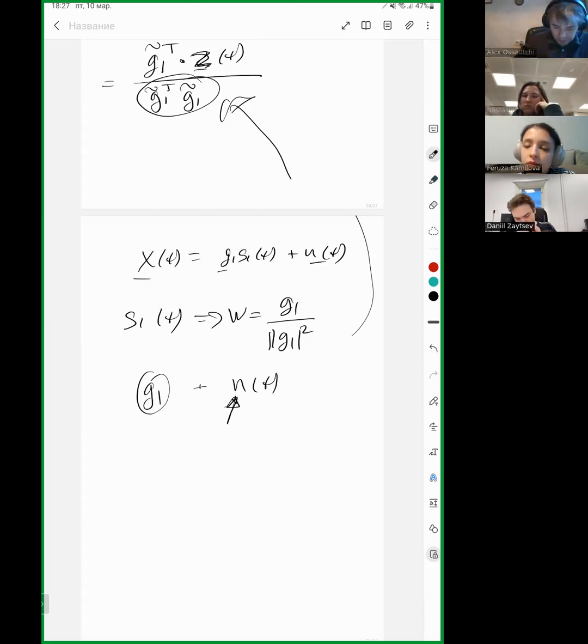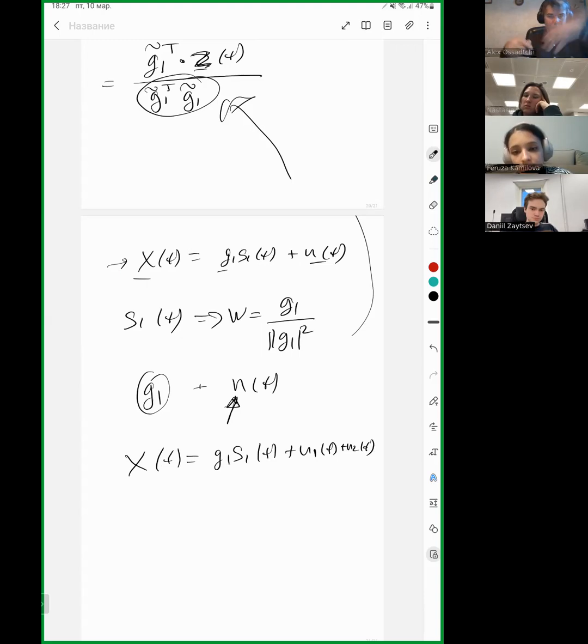You are looking at this expression again, x of t is equal to G1, this only source, plus this noise, n1 of t plus n2 of t. So two noises. The first noise is your brain noise, and the second one is your instrumental noise. Then you say, because you have them, you can estimate the noise covariance matrix.